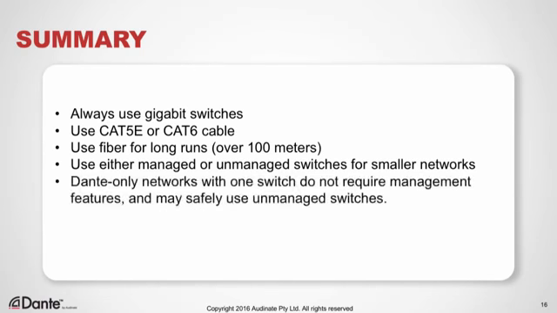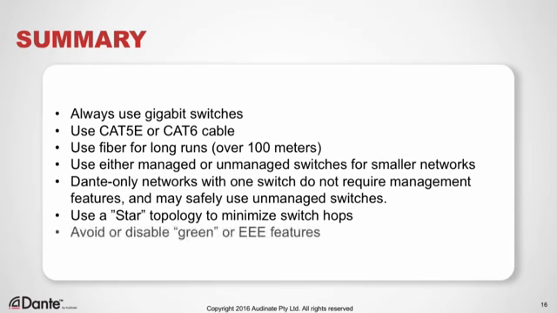And remember, Dante-only networks with one switch do not require management features and may safely use unmanaged switches. Use a star topology to minimize switch hops and minimize the possibility of one device disconnecting another down the chain. And avoid or disable green features or triple E features on energy-efficient Ethernet.